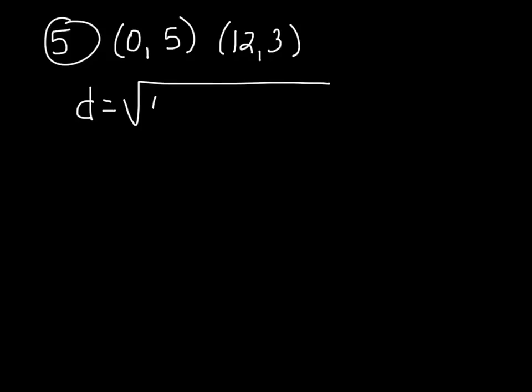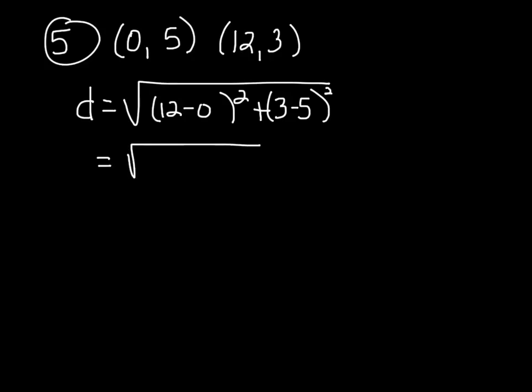Number 5 says to use the points (0, 5) and (12, 3). Let's find the distance between each pair of points. Round to the nearest tenth. So I'm going to do d equals. Subtract my x's, 12 minus 0 squared, plus subtract my y's, 3 minus 5 squared.